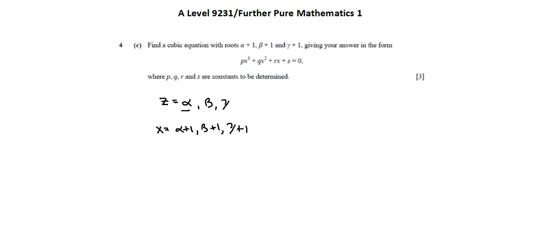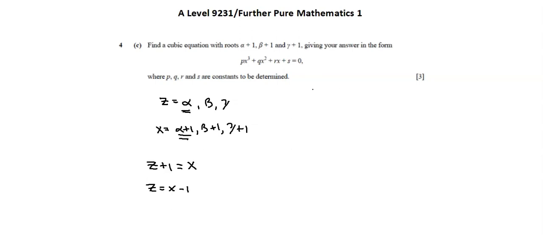Looking at just the first root of each variable, alpha and alpha plus 1, if we were to add 1 to z, then alpha would become alpha plus 1, which is equal to one of x's roots. Thus, z plus 1 equals x, and z equals x minus 1.